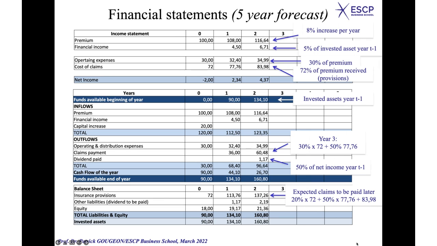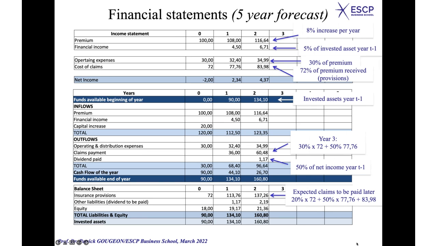When you collect 100, you know that you will have to pay 72 of claims. When you reach year 3, you already have paid 50%, 30%, so 20% remains to be paid. So 20% times 72 corresponds to what remains to be paid from the first premium received, 100.